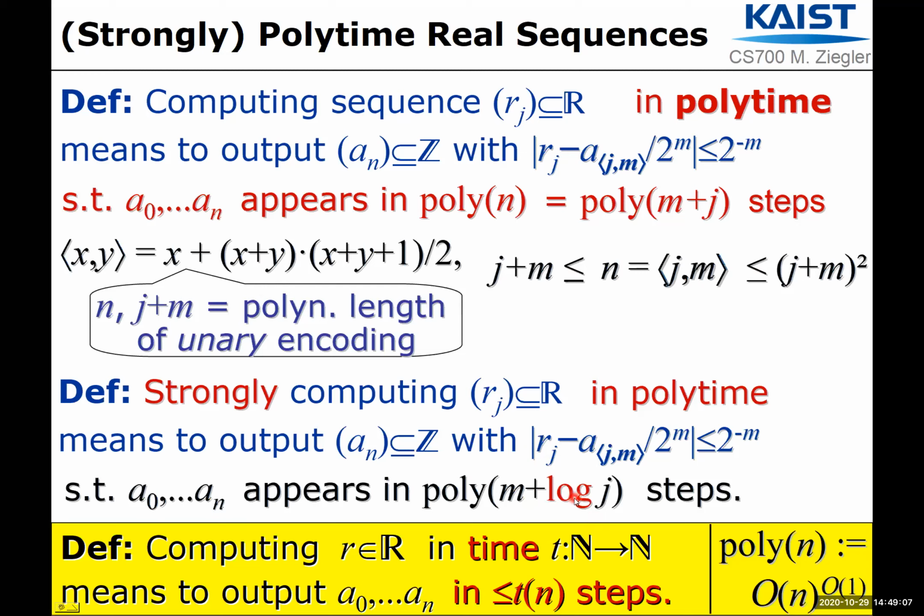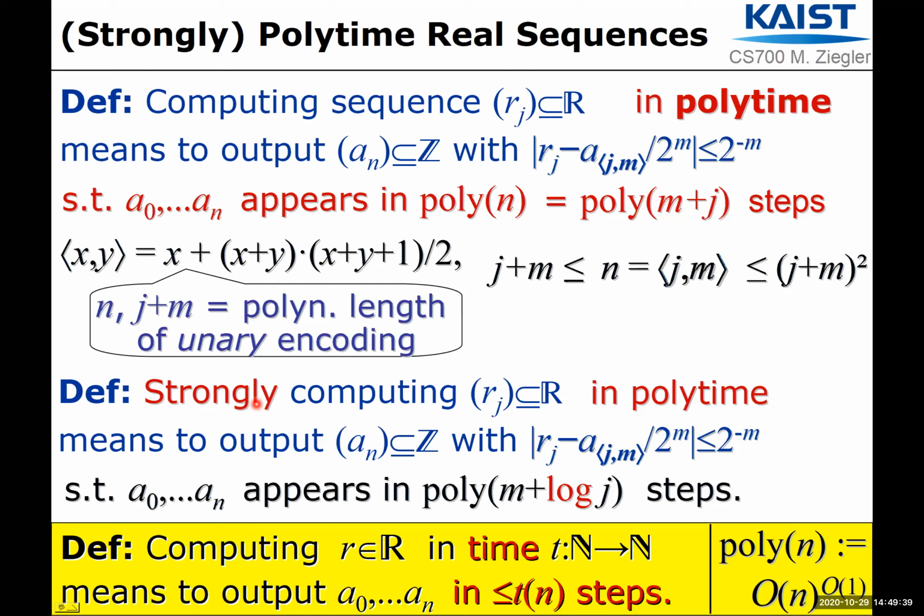But in the second case, we only get a polynomial amount of time, because we take the logarithm of this exponential quantity, which cancels the exponential. So it is much more difficult to strongly compute a sequence. That's the intuition, and that's why it's called strongly polynomial time computable. It's a stronger notion, more difficult to achieve.